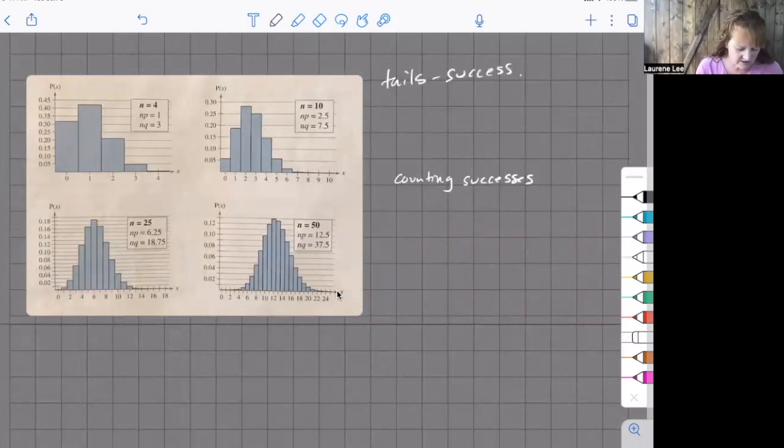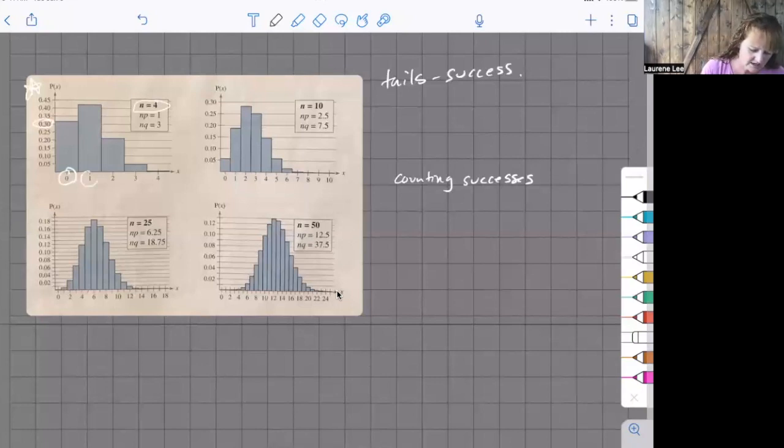If you look at this graph right here, n is 4. That means I'm going to flip the coin 4 times. And what I'm charting here is the percentage of time that I have 0 tails. What I'm doing on that horizontal axis is counting how many times I have a success. So 30% of the time when I flip it 4 times, I'm going to have 0 tails.